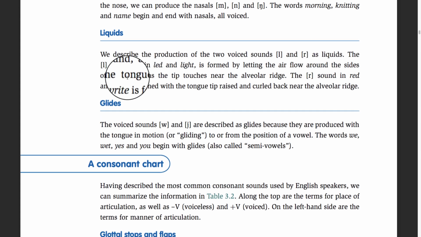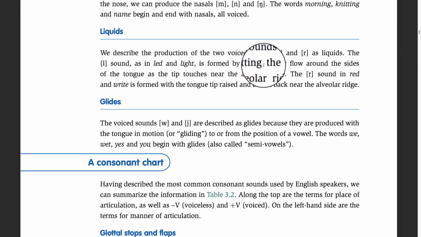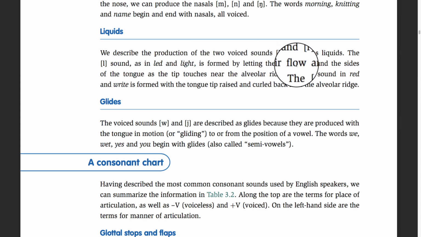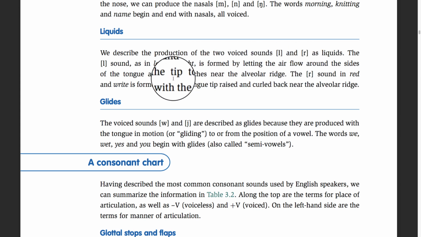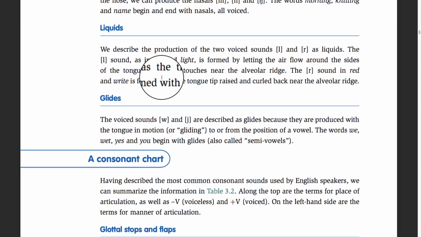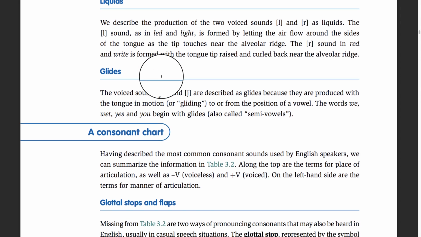The l sound, as in lead and light, is formed by letting the air flow around the sides of the tongue، على جانب اللسان منا ومنا، as the tip touches near the alveolar ridge.